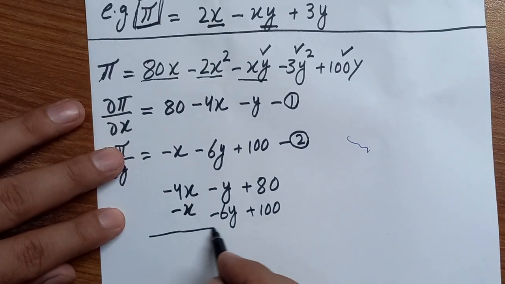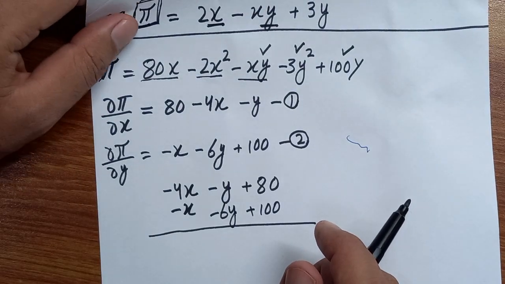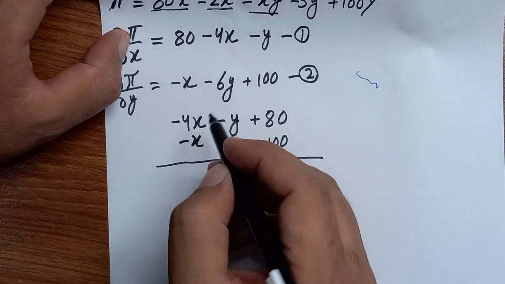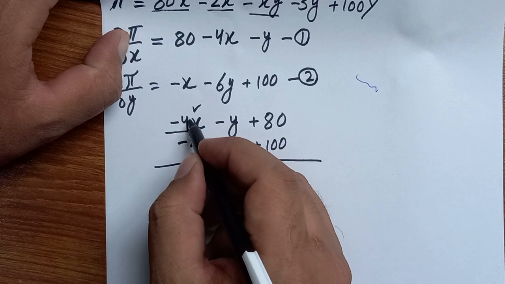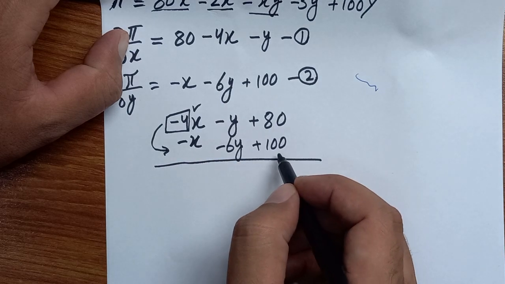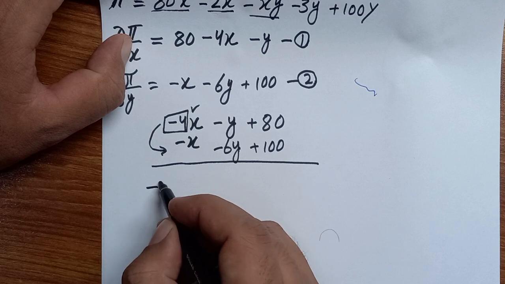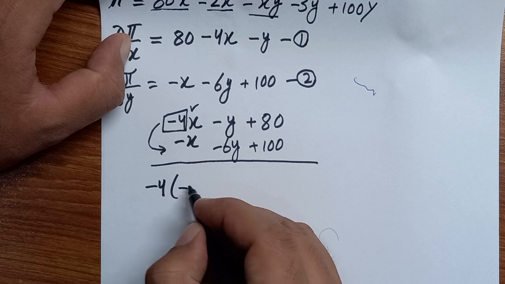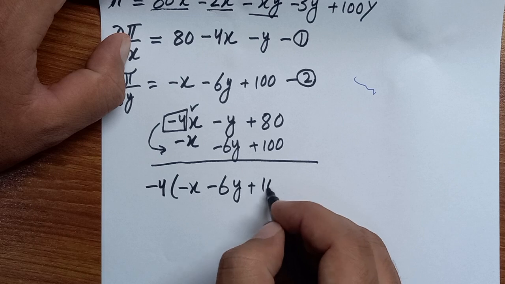Now we are going to remove one of the variables. Let's say I want to remove this variable. So I will take its coefficient, which is minus 4, and multiply it with this portion: minus x minus 6y plus 100.